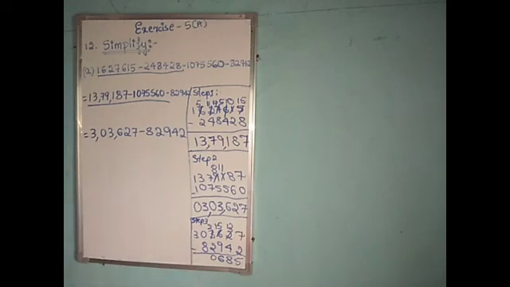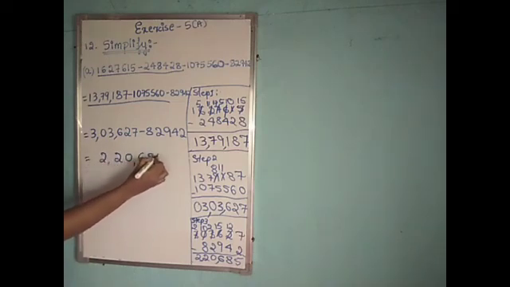If you borrow from 3, then 3 becomes 2 and here 0 becomes 10. 10 minus 8 is 2. And write 2 as it is. So the answer is 2,20,685. Now we should write this answer here, 2,20,685.